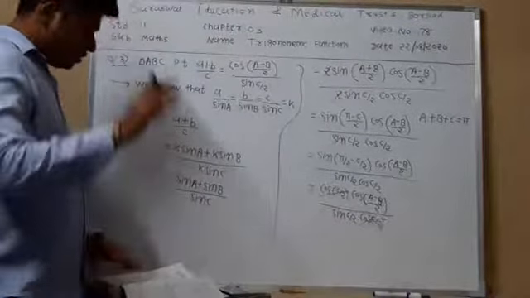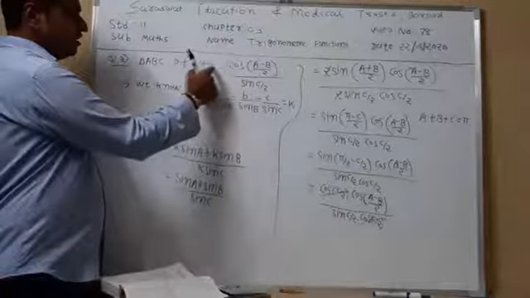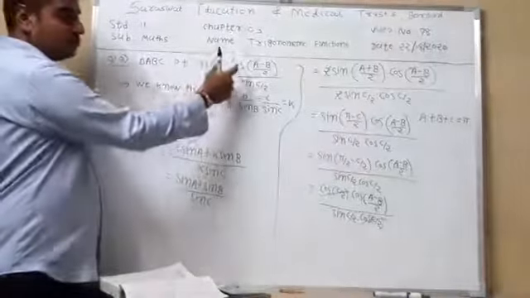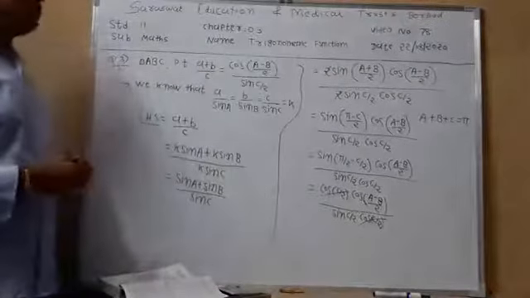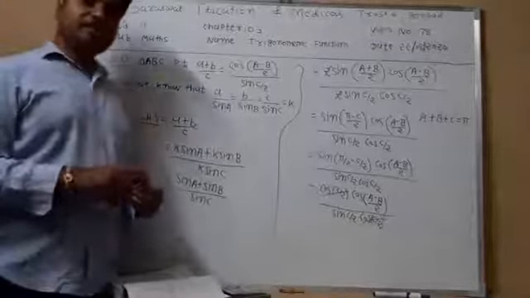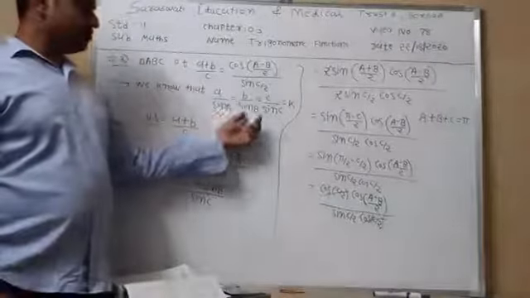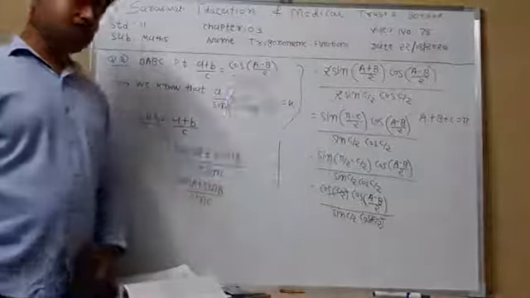Next, once again repeat this question. Here a plus b by c is equal to cos A minus B by 2 upon sin C by 2. So we know this identity, a upon sin A is equal to b upon sin B is equal to c upon sin C is equal to k.